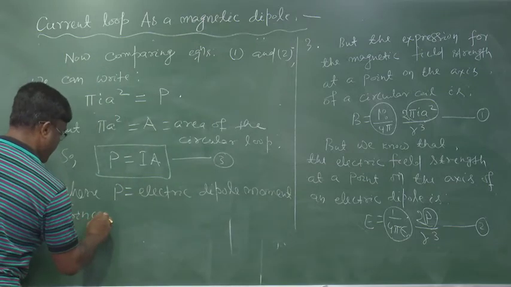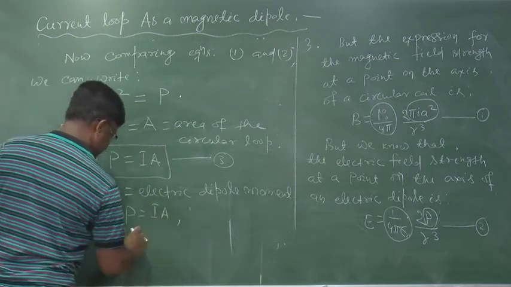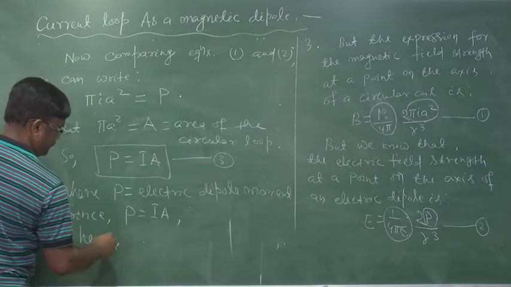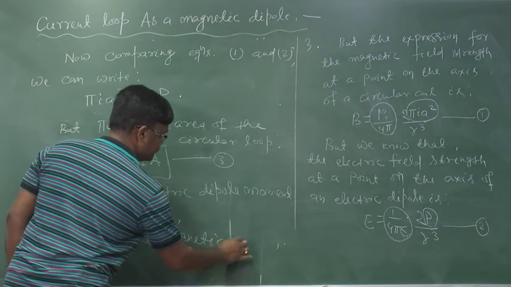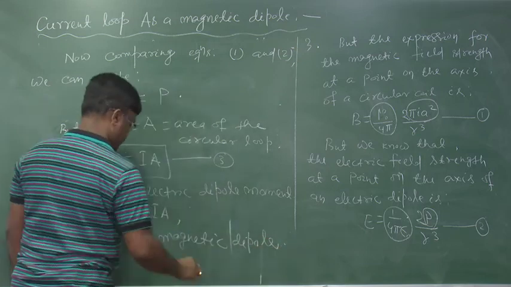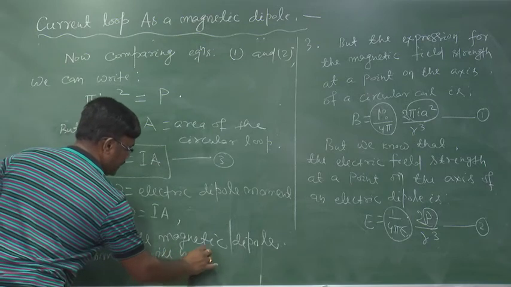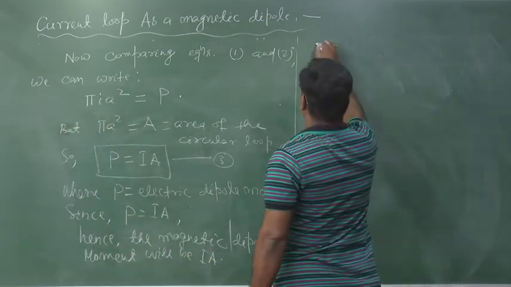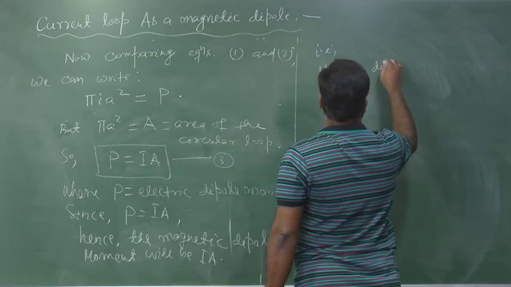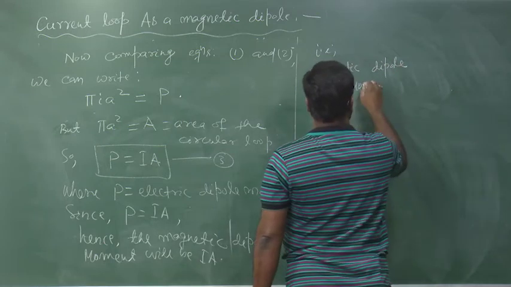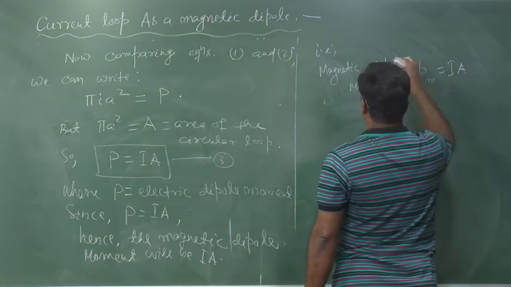Since P equal to IA, hence the magnetic dipole moment will be IA, that is, magnetic dipole moment equal to Pm equal to IA.